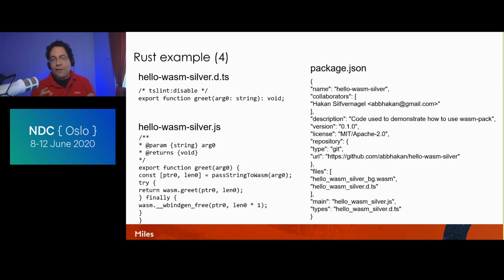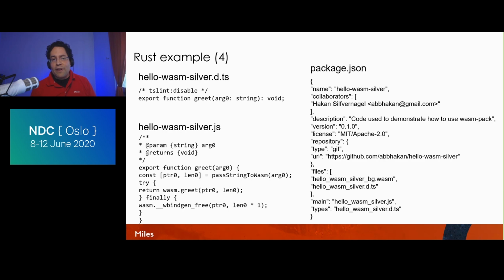Here we can see that there is a greet function that we will be able to call, and we can also see what the format of our input parameter is and what the output will be. Then it also generates something that we can call a glue file. That is hello-wasm-silver.js. This is a JavaScript file that you can call from your own JavaScript application code.